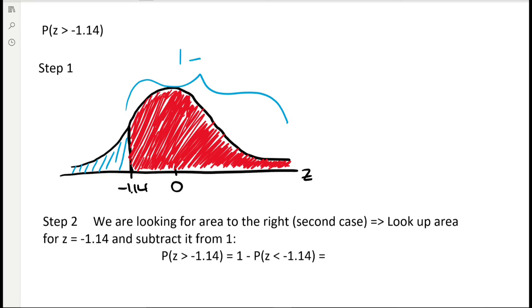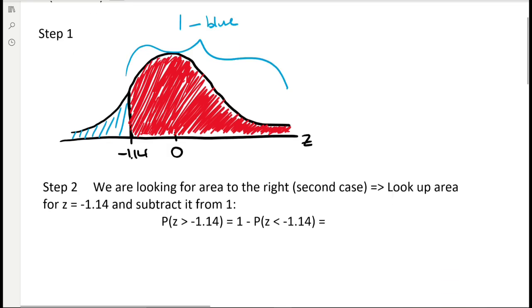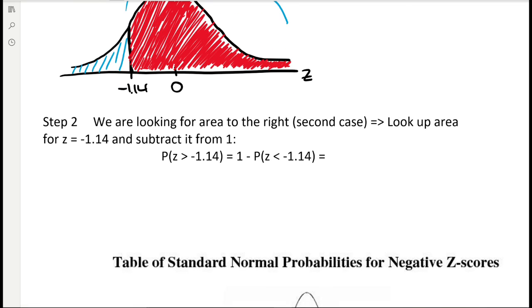So if we do 1 minus the area in blue, well, that gives us the area in red. So that's the idea of why we need to subtract from 1. And this is demonstrated here. So P of z is greater than negative 1.14 is equal to 1 minus the probability that it's less than. And remember that this is the area that's given in the table. The table gives us the area to the left.